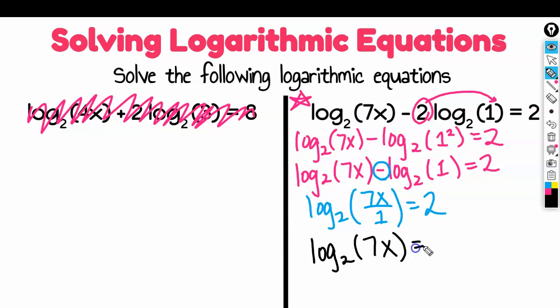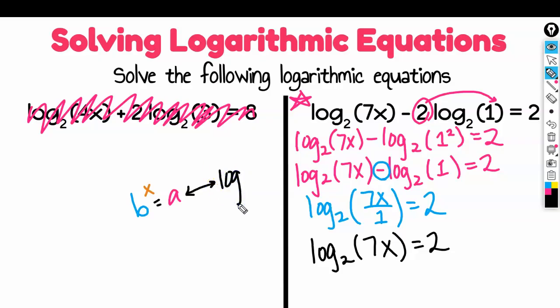And so here we are in a similar situation as our last problem, where we have a log base 2 on one side, and on the other side of the equal sign, we do not see a log. So in order to get x alone, I have to use my exponential to logarithmic formula.